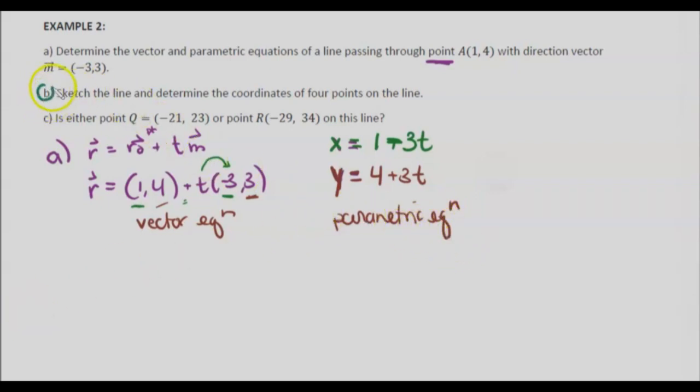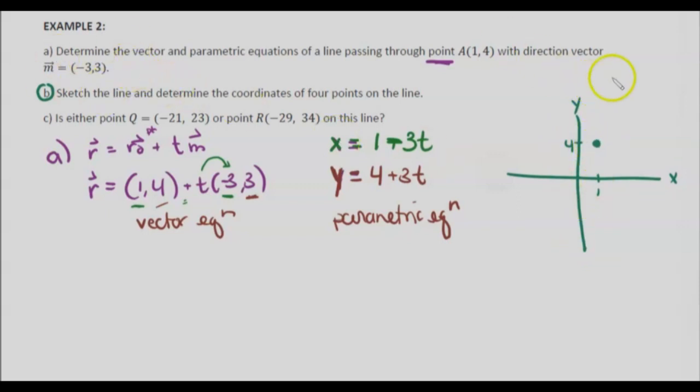All right, B says, sketch the line and determine the coordinates of 4 points on the line. So let's go ahead and sketch the line over here, and then I'll do the work beneath. I have the Cartesian plane, x, y, and I'm going to start with plotting 1, 4, which can be plotted right here.